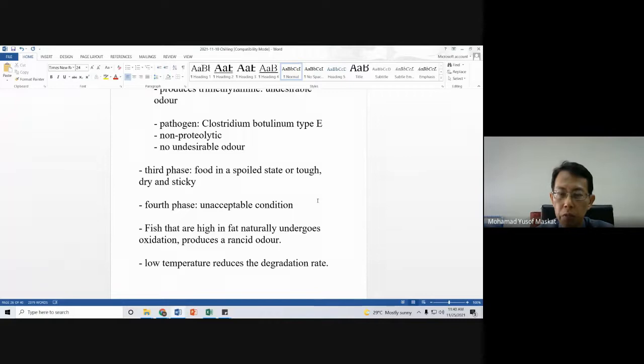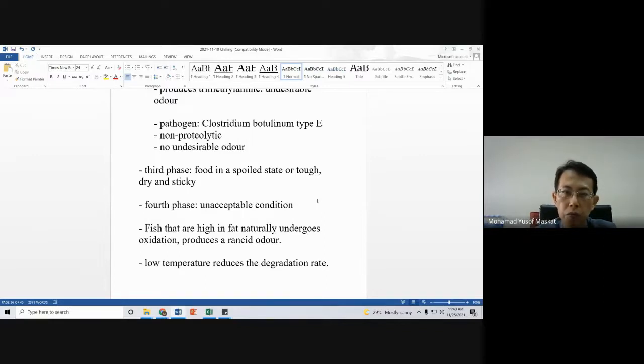The problem is that usually when we want to eat a certain type of food and it gives out an undesirable odor, we will throw it away. We call it basi or spoiled. That serves as a warning, an indicator to us that this food has turned bad and should not be consumed.